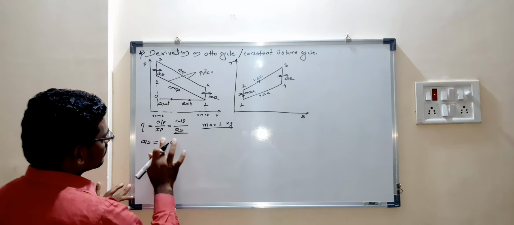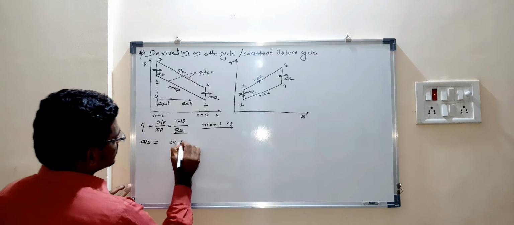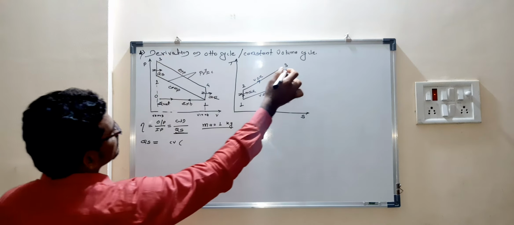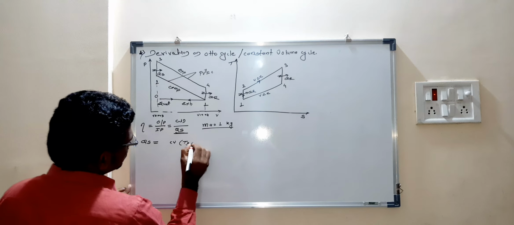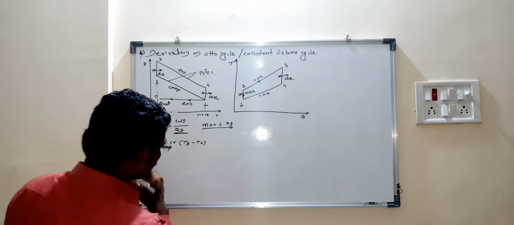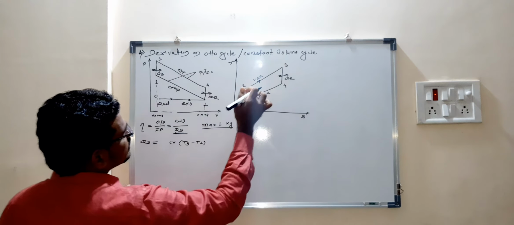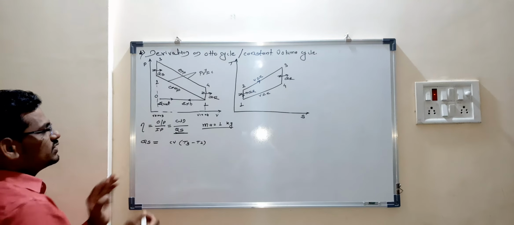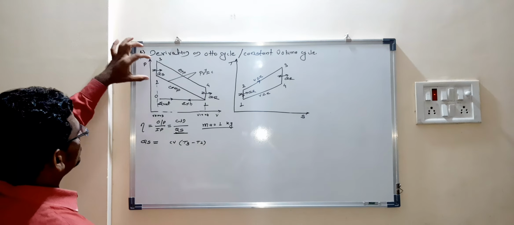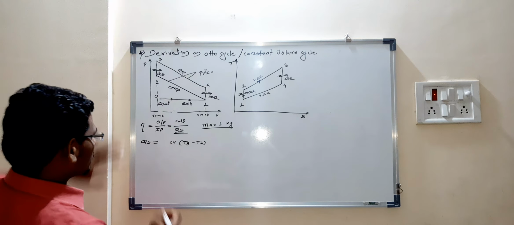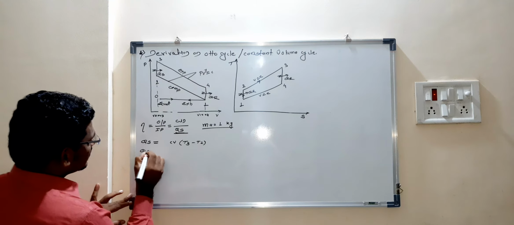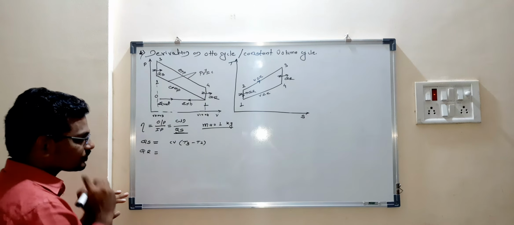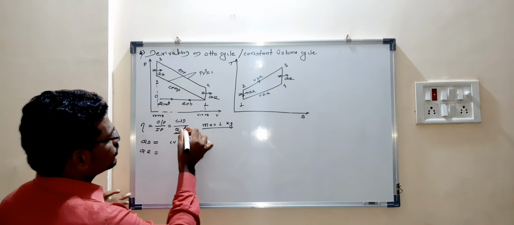So this one will be 1. Cv, temperature difference, T3 minus T2, because the QS process, the heat addition process, takes place between point number 2 and 3. That is why the difference of two temperatures is taken. Then heat rejection QR, and what is the work done?